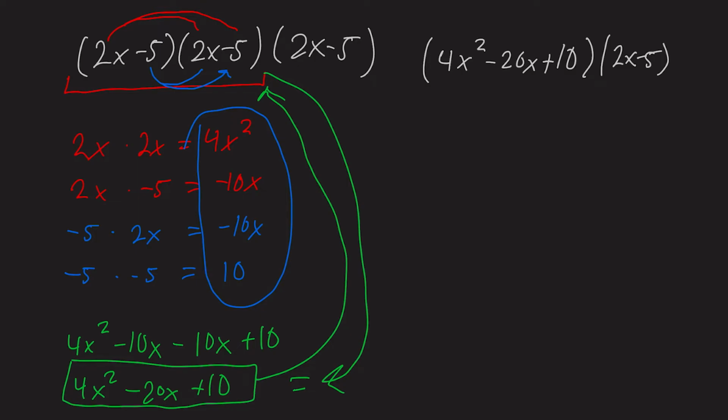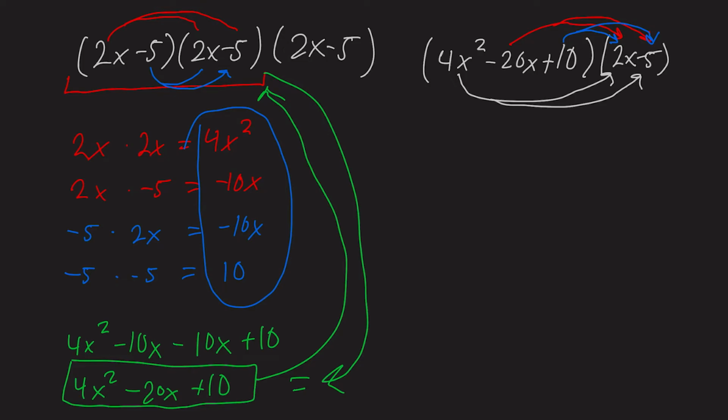And now I just need to do this same exact thing over again. Now, I would need to take my first and multiply it by this guy, then I'd multiply it by this guy. I take my second, multiply it by this guy, then multiply it by this guy. Then I take my third, multiply it by this guy, then multiply it by that guy.